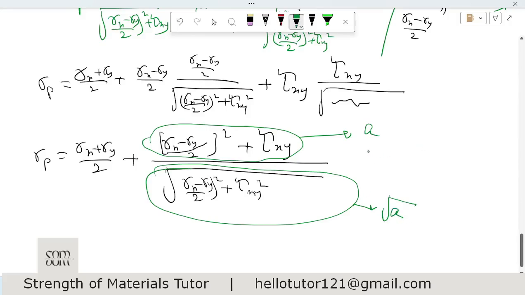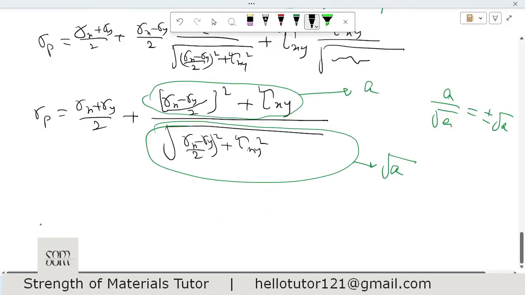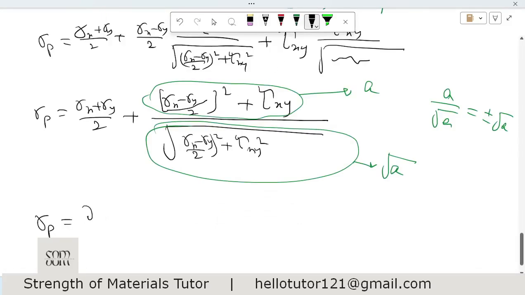So the term is a divided by square root of a, and we know from basic mathematics that a divided by square root of a is plus or minus square root of a. So this sigma p is going to be (sigma x plus sigma y)/2, then this.